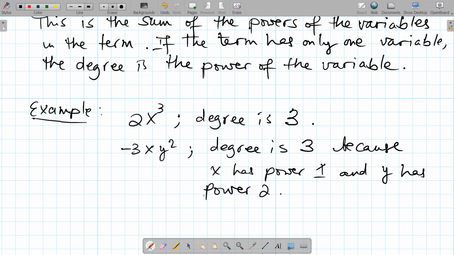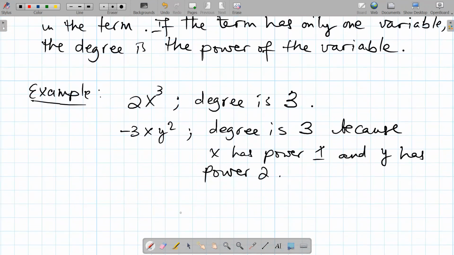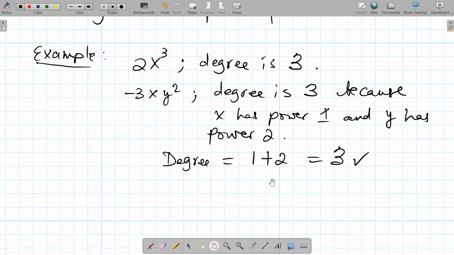And from the definition of the degree of a term, we said that it is a sum. So the degree is going to be the sum of these 2 powers, and that is 3. So that is the reason why for this particular term, the degree is also 3.